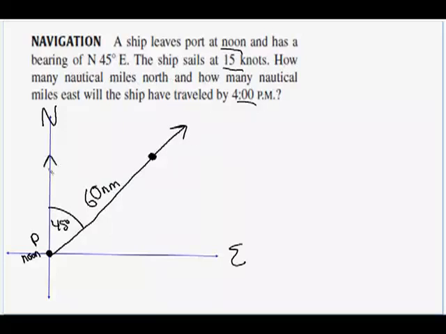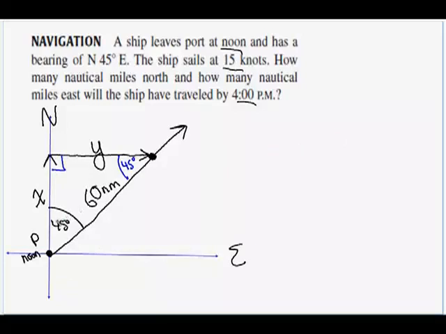So, we went up this far, and then we went over. So this will be how much distance we have traveled north. Let's just call this side X. And then how far did we travel east? We'll call that Y, just to assign some variables to those ideas. So let's see here. We have a 45-degree angle here. We also have another 45-degree angle here, and this is our right angle. So we can set up some trig functions.